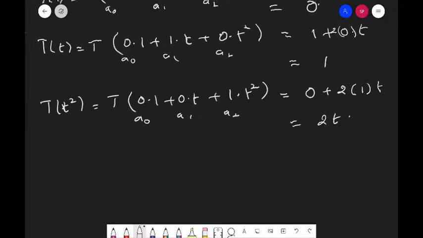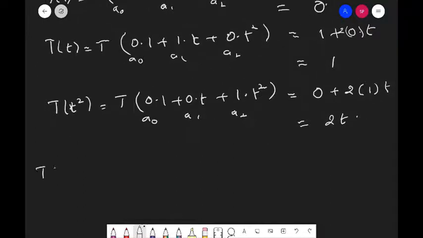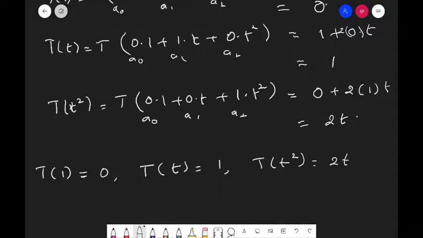So what do we have now? T of 1 is equal to 0, T of t is equal to 1 and T of t square is equal to 2t.